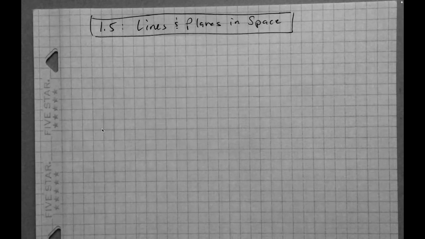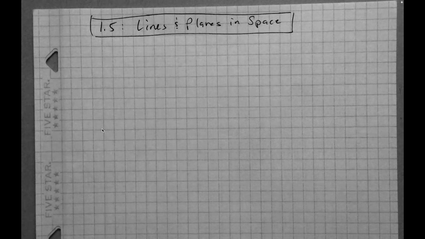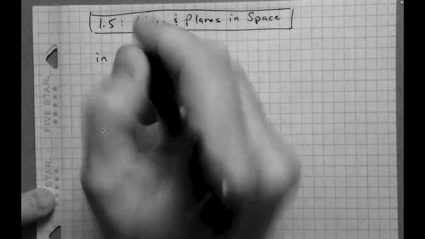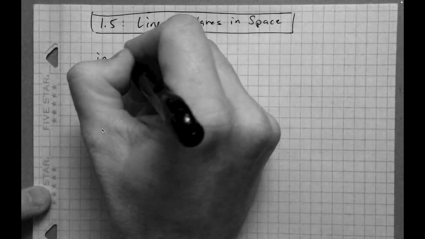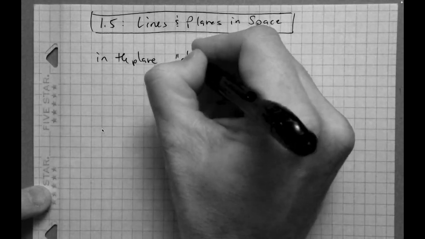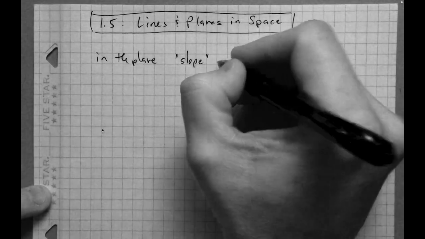We're going to start by describing how we can begin to think about slope in space. In the plane, a logical place to start is with this idea of slope.